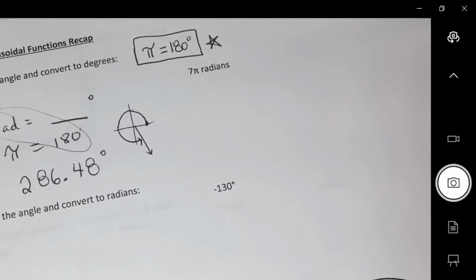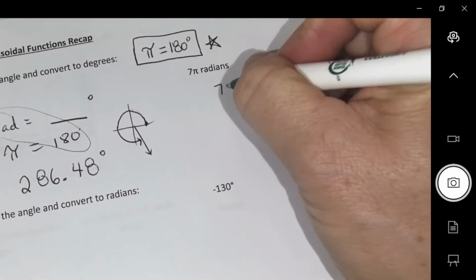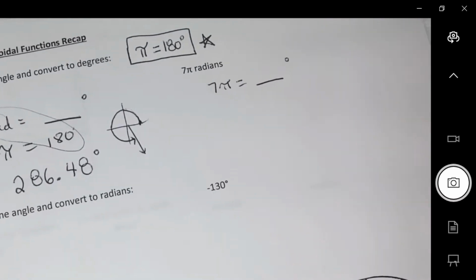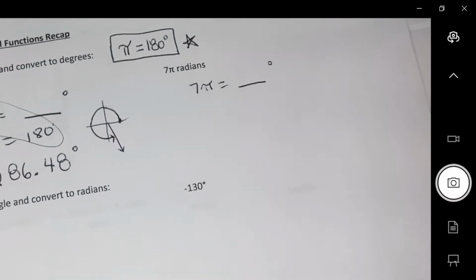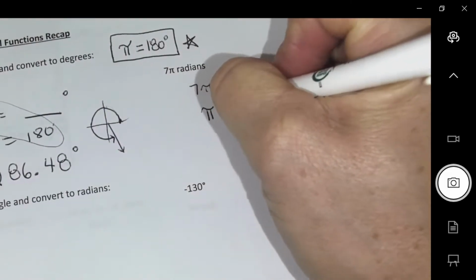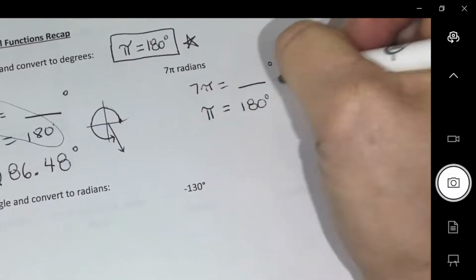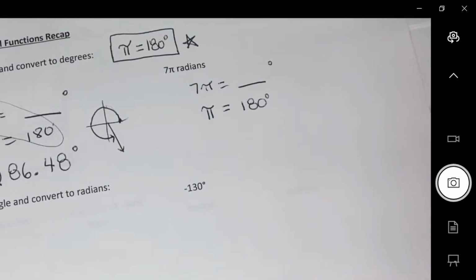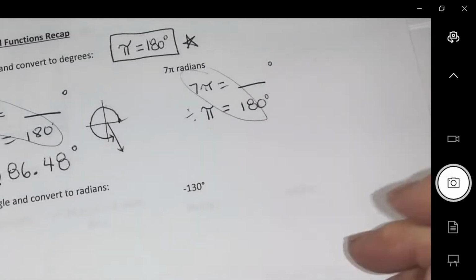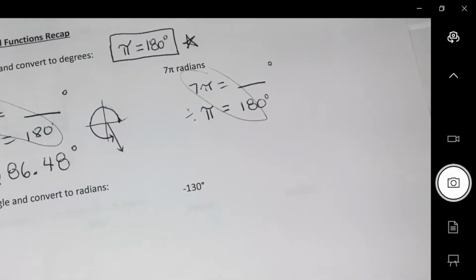Okay, 7 pi radians. So 7 pi equals how many degrees? When 1 pi is 180 degrees, how many degrees is that? Times divide.